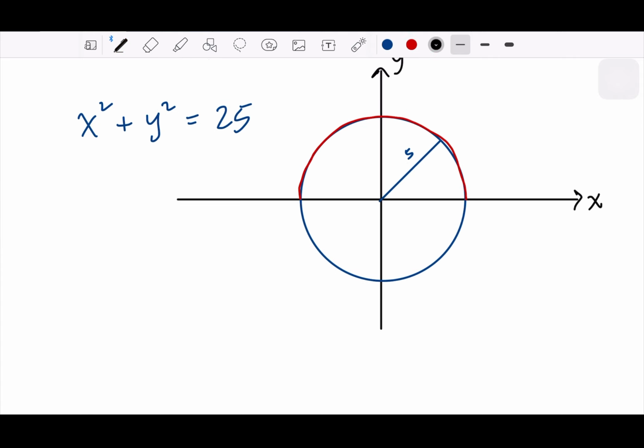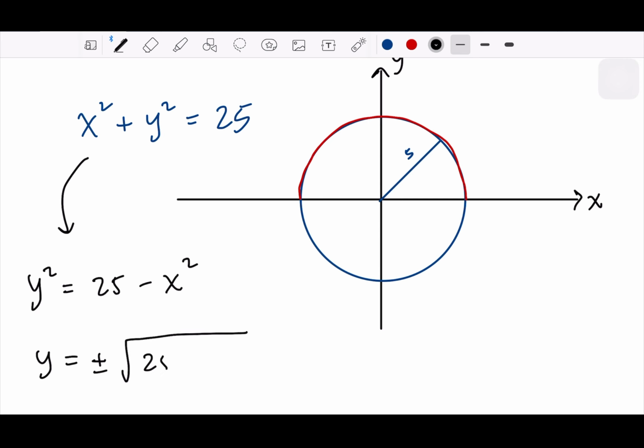We can write this in terms of y squared equals 25 minus x squared. And then we can take this as a function. y equals plus minus the square root of 25 minus x squared, right? Now, if we have this plus minus, it means that we can separate this circle into two semicircles. The positive one will be the one on the top, and the bottom one will be the negative one, right?